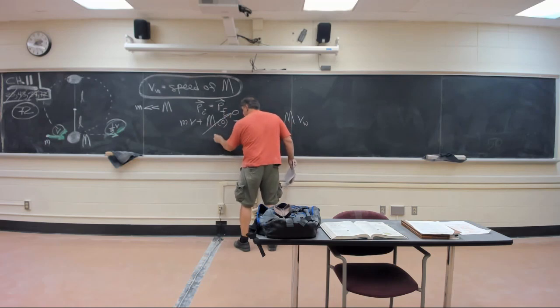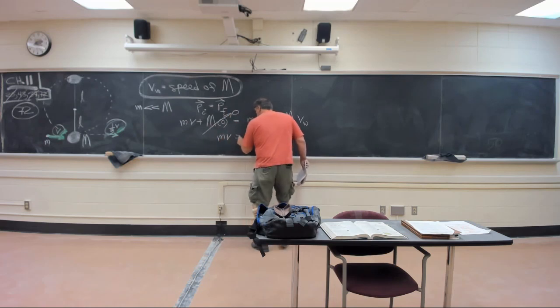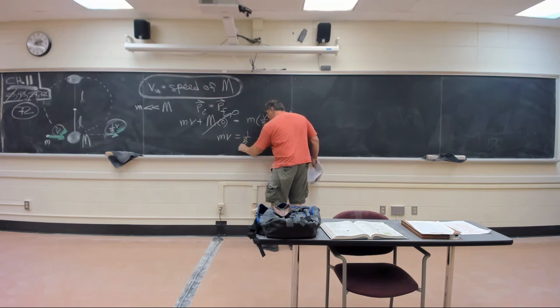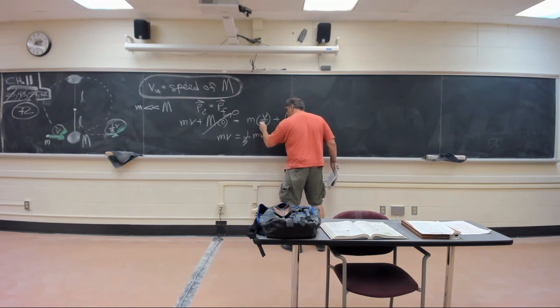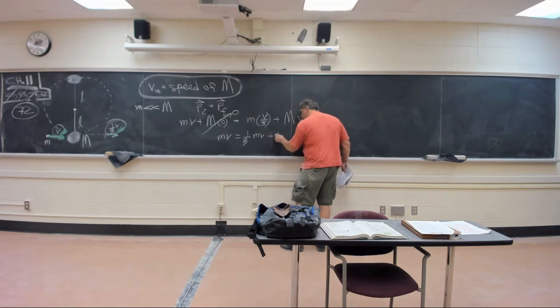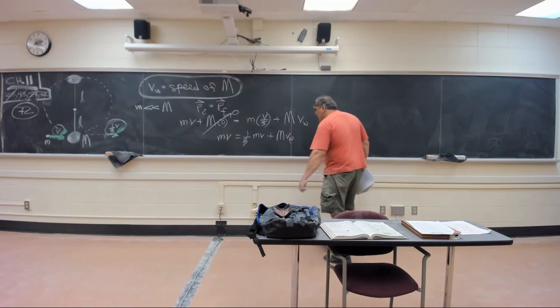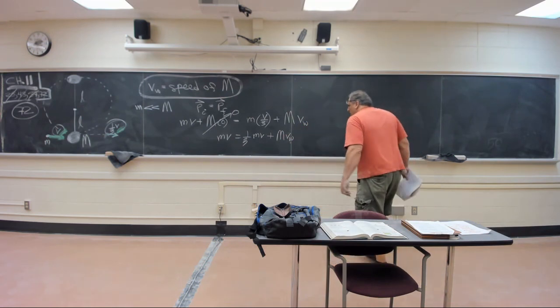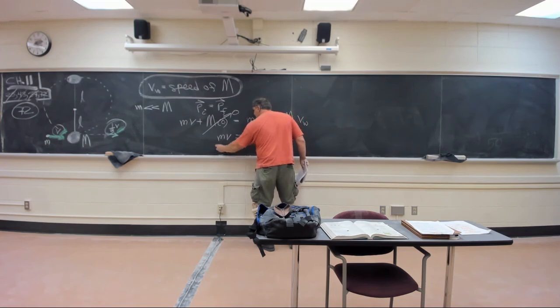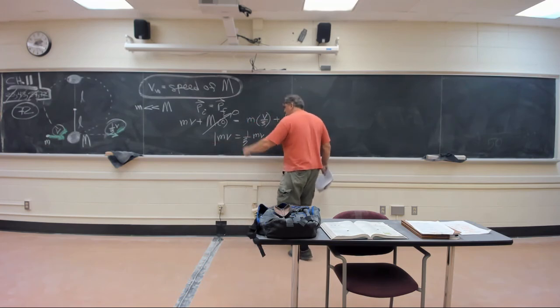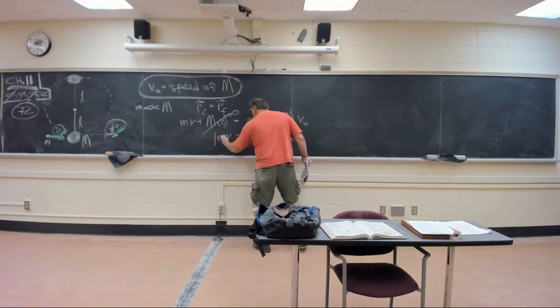0 times anything is 0. You got mv equals 1/3 mv plus capital M V sub W. Just take v over 3 is 1/3 v. mv is 1 mv, which is the same as 3 over 3 mv.